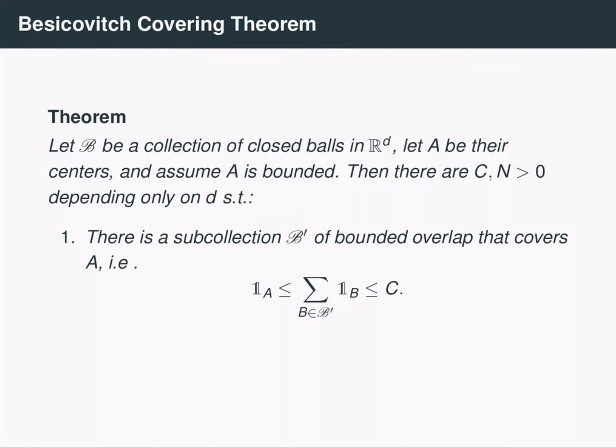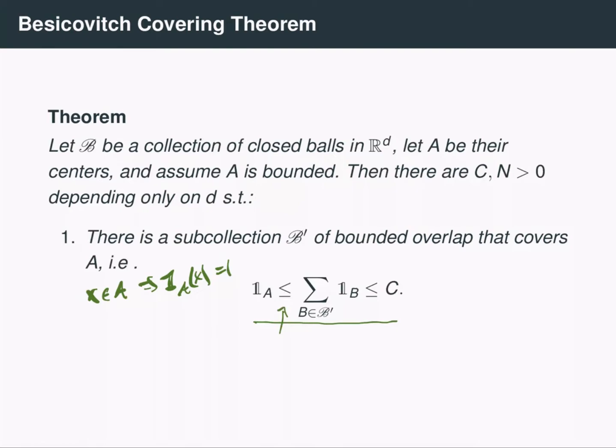Right? And I've written this statement in a mathematical form here using these inequalities. So let me explain why these inequalities say that the balls in B prime cover A and have bounded overlap. So this first inequality says that the subcollection B prime covers the set A. Because notice that if x is in A, that implies the characteristic function of A at x is equal to 1.